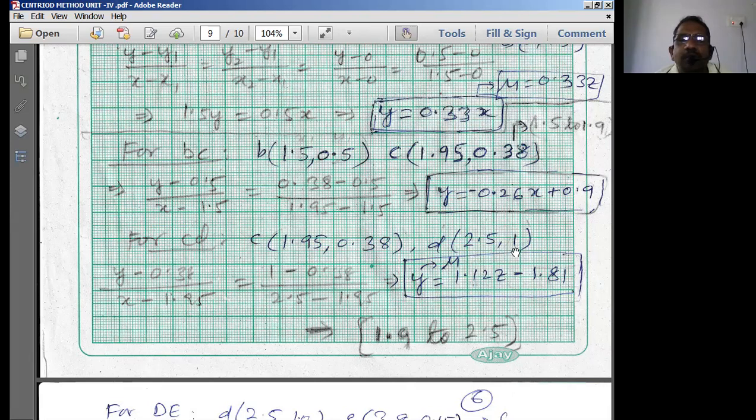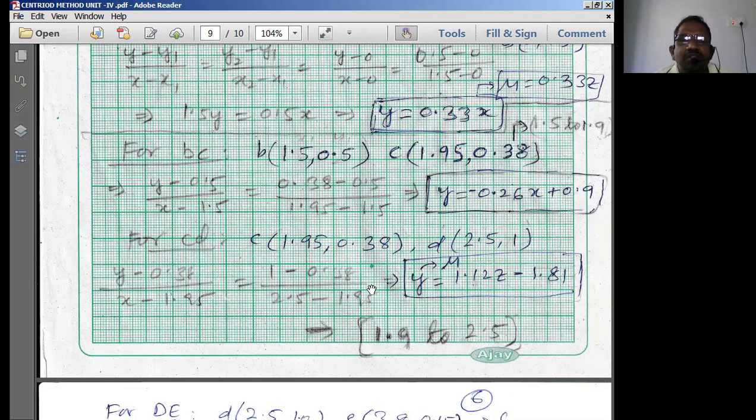Then for CD, C is 1.95, 0.38, and D is 2.5, 1. So y minus y1 by x minus x1 is equal to y2 minus y1 by x2 minus x1, with x1, y1 being C: y2 minus y1 is 1 minus 0.38, and x2 minus x1 is 2.5 minus 1.95.